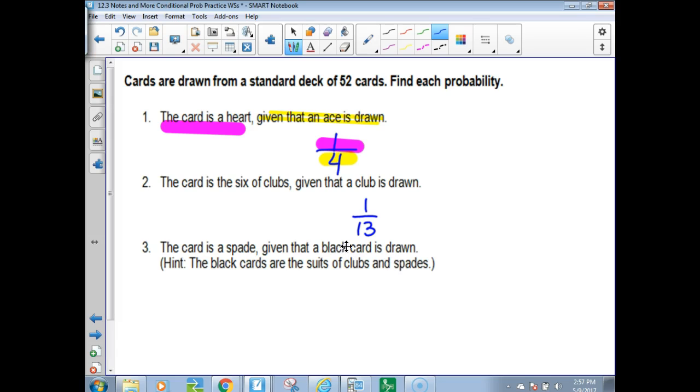Now we want to think about how many black cards there are in all. That would be 13 plus 13, 26 of them. What's the probability that it's a spade? That's 13 out of 26, and this reduces to 1/2. Half the black cards are spades.